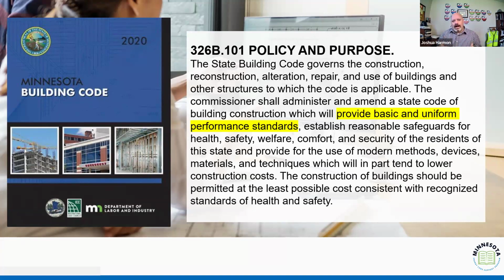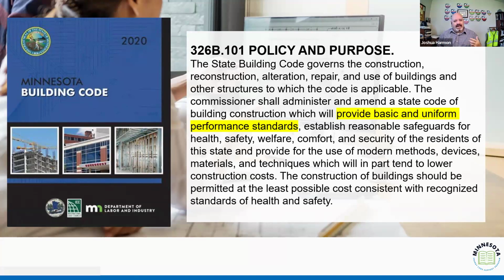And we understand that the codes exist. When we think about why building codes exist, they provide that basic uniform standard for construction, right? What are the expectations when we build a building to make sure that it's not only structurally safe, but that it also considers things like light, ventilation, sanitation, energy conservation, and really what are the considerations we have as we protect the public as they access commercial buildings.